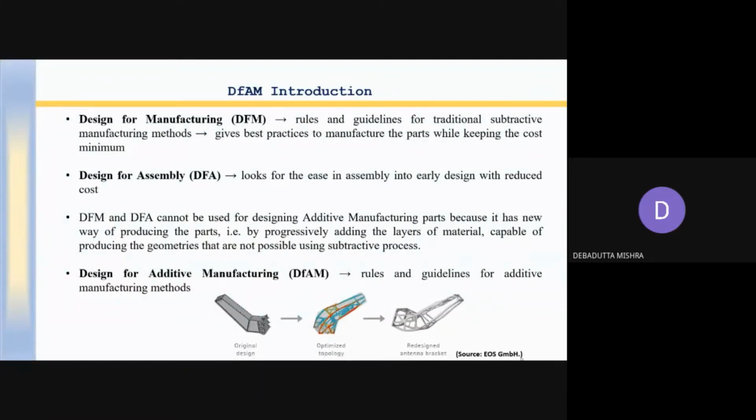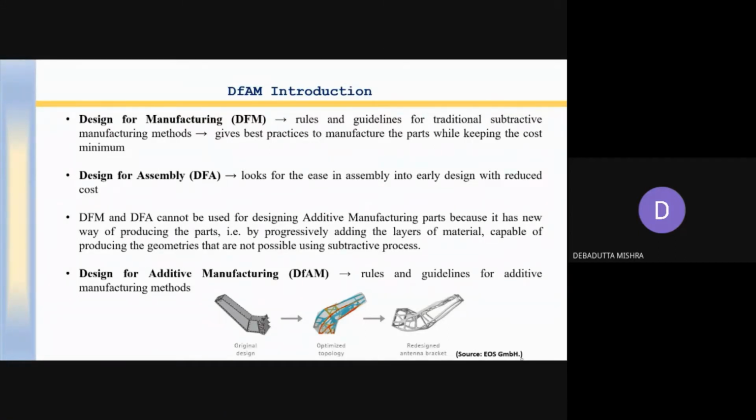These rules and guidelines will be different for different processes, and may also differ for different materials. So this depends upon the process, the design of the final part, and also the material.